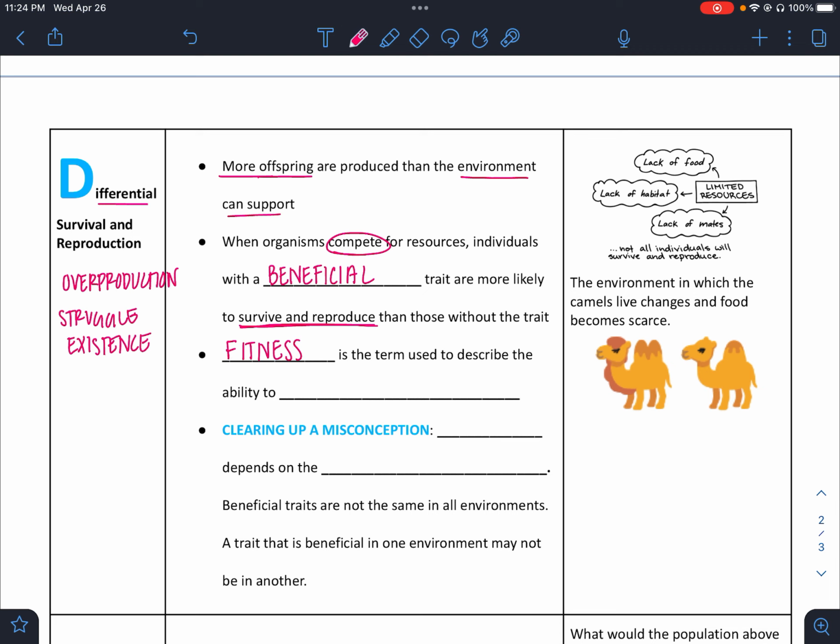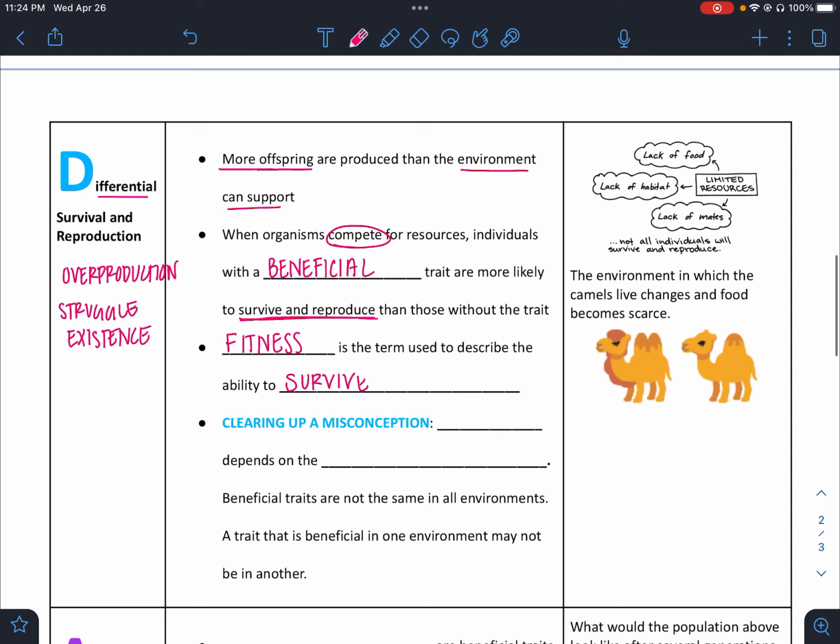So if you have a variation or a phenotype that increases your fitness, it means that it is increasing your ability to survive and reproduce. Okay? A trait that helps an organism survive and reproduce is going to become more common in the population over time.